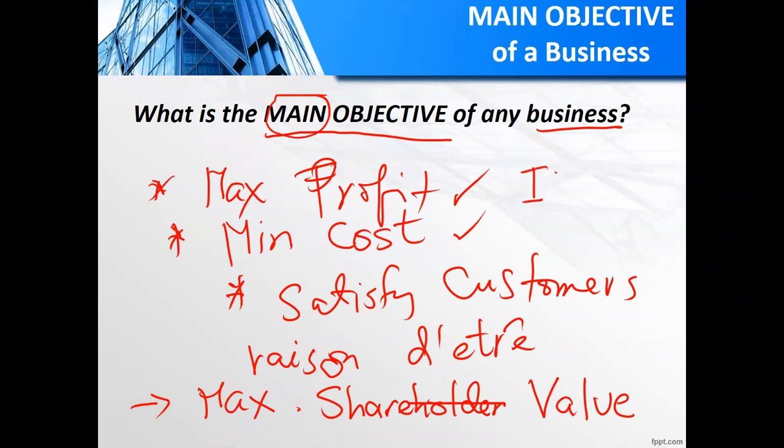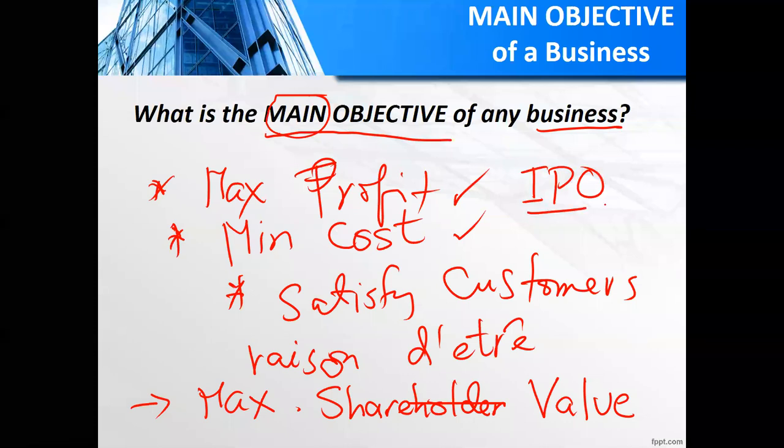Initial public offering. IPO stands for, ito yung price ng stock when it was first offered to the market, to the public. If I'm not mistaken, parang 15 pesos yata, thereabouts yung IPO ng Jollibee.